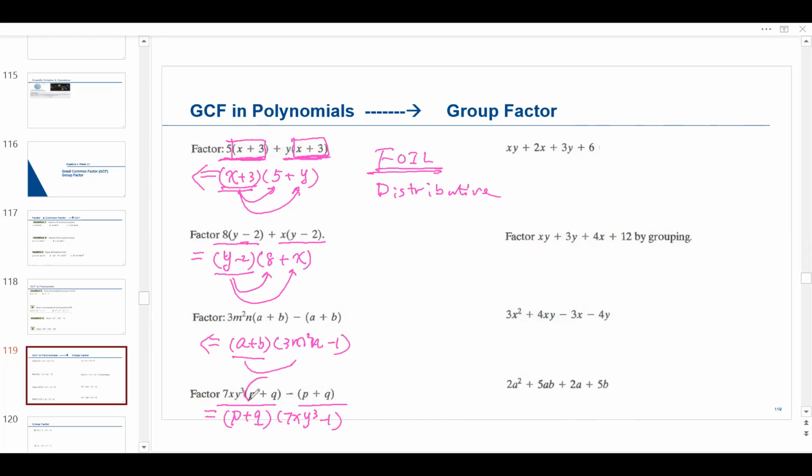Actually, this is the group factor, because group factor means it is not one term, it is multiple terms. Visually you can see y minus 2, a plus b, p plus q is the common factor.